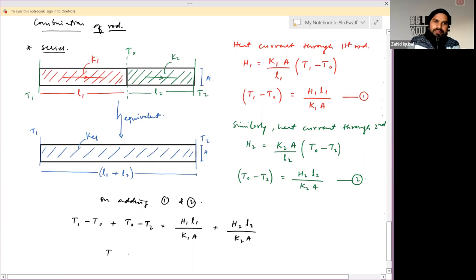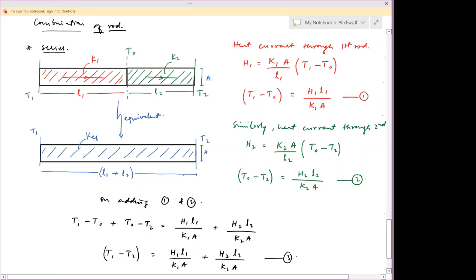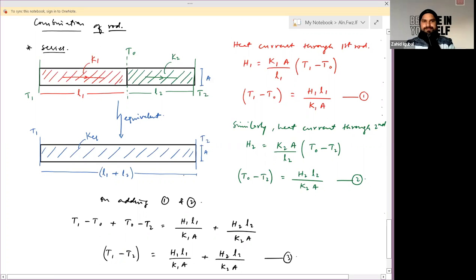So you're left with T1 minus T2 equals to HL by K into A and HL by K into A. Let's say this is equation third. Is it clear, Ifra? Yes, sir. Okay, just write it down up to this part.